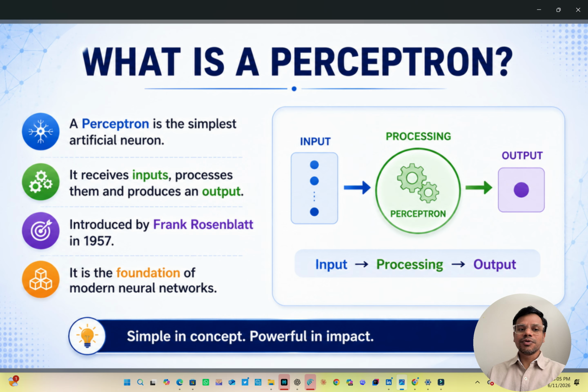It receives inputs, it processes those inputs, and then it produces the output. So basically, input, processing, and output. That's very simple, right? Yes, and this simple idea became the foundation of neural networks, deep learning, and modern artificial intelligence systems. So without the perceptron, there would be no neural networks, right? And without neural networks, there would be no modern AI systems, right?